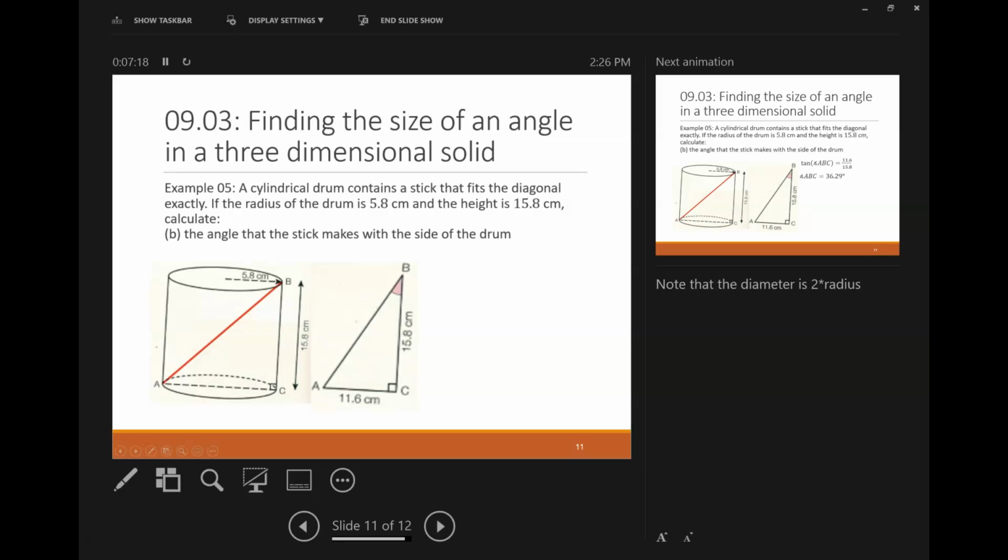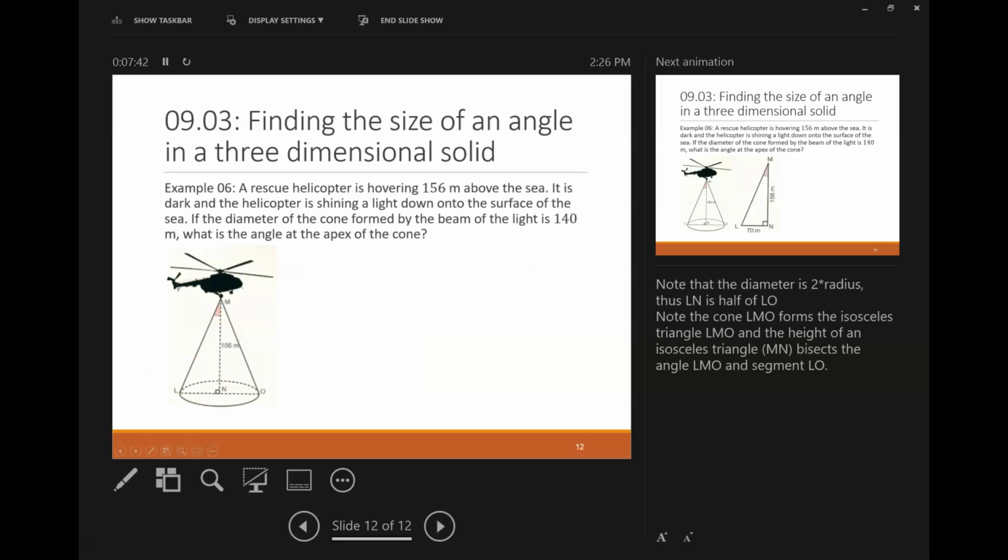Since we know the opposite and adjacent sides, we can do tangent. And we get 36.2. What do you guys think so far? We're pretty happy. This is massively easier than what we just finished with. Yeah, massively easier.